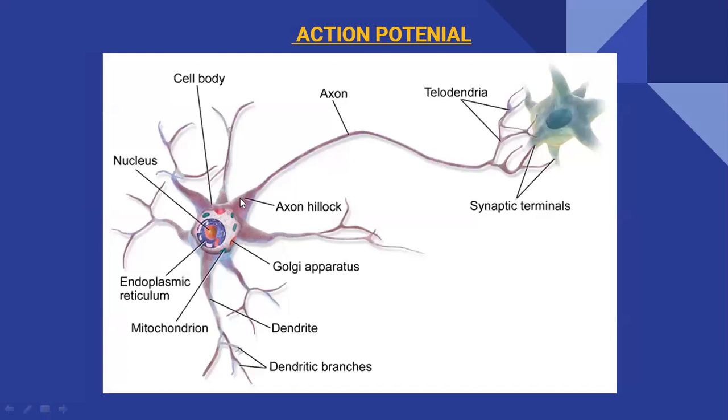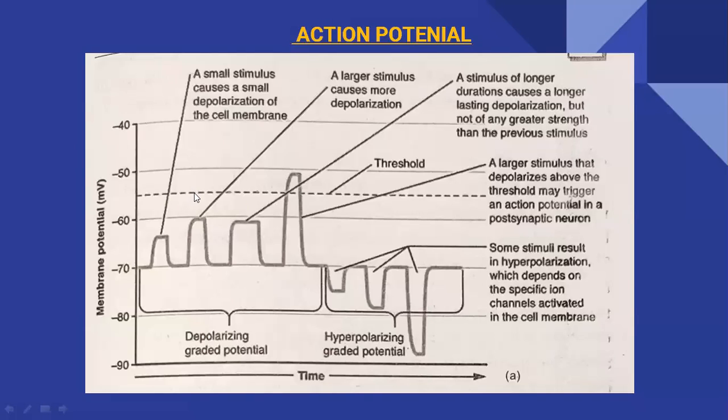Below this threshold potential, all the stimuli will generate very weak potentials. These are called graded potentials. Graded potentials are due to very weak strengths which are not capable of increasing the potential difference by plus 15 millivolts.